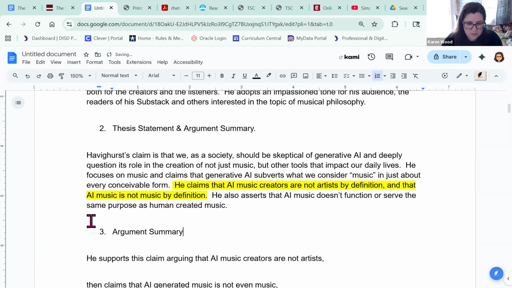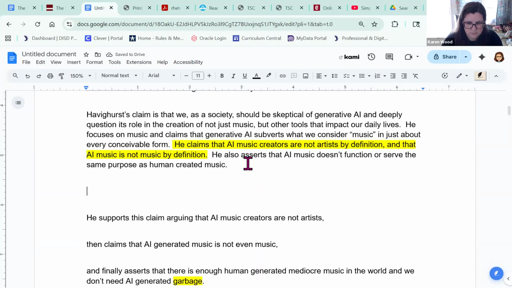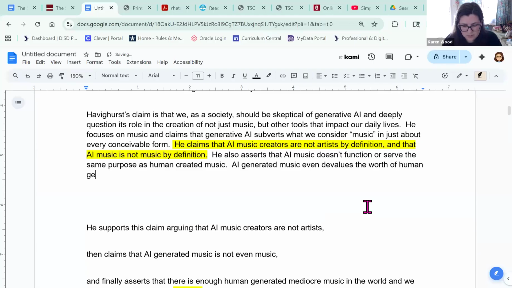Because I want to add AI-generated music even devalues the worth of human-generated.